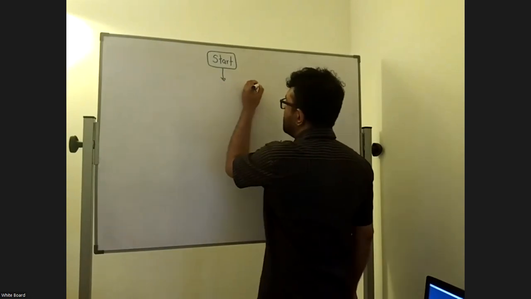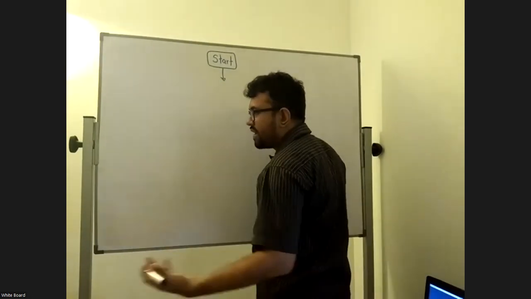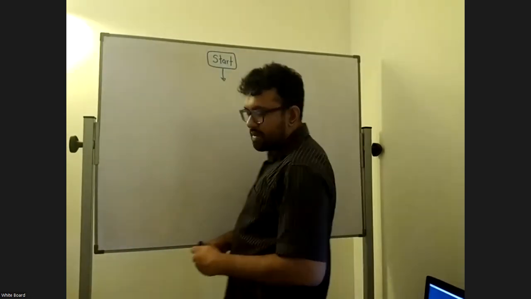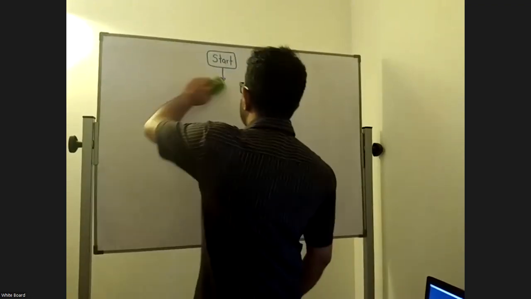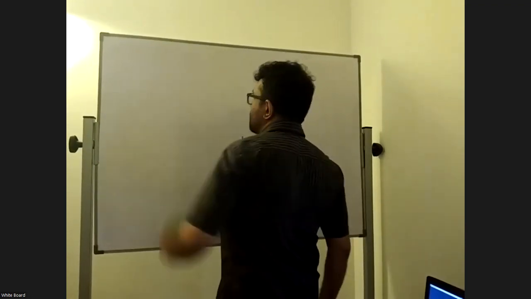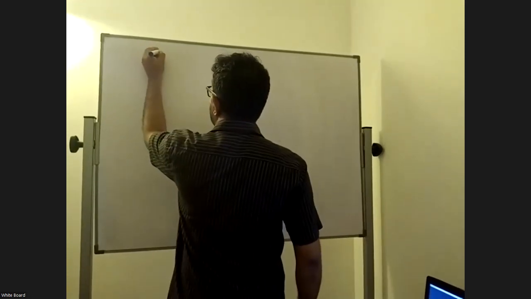Then it comes here. So the first thing we can do is, there are different ways of drawing this. One can draw it like this. So I'll draw the first method here. Start.